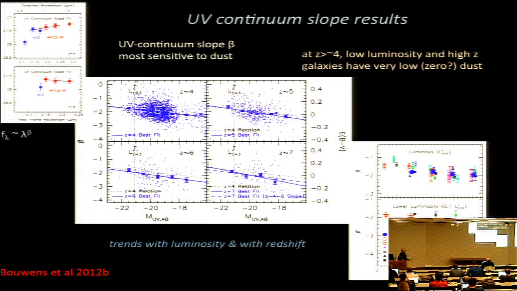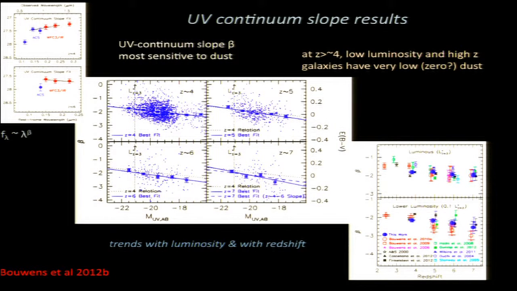There's another very important result which is coming out of the accurate colors that we can measure for faint objects at high redshift. This is another example of the value of space data where you want to do accurate photometry for large samples. And looking at the trends with luminosity and redshift in the ultraviolet colors, and using parameters like beta and trying to understand what this is telling us about galaxies.